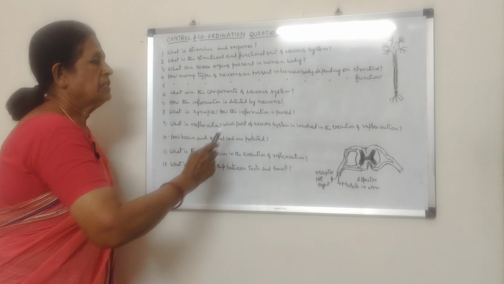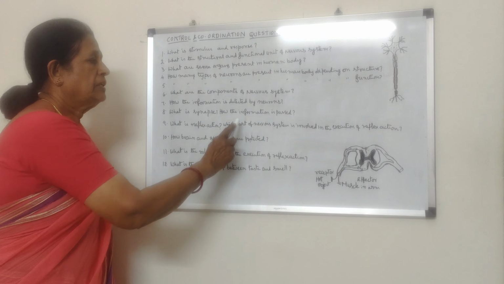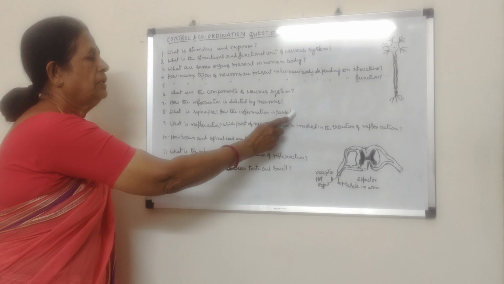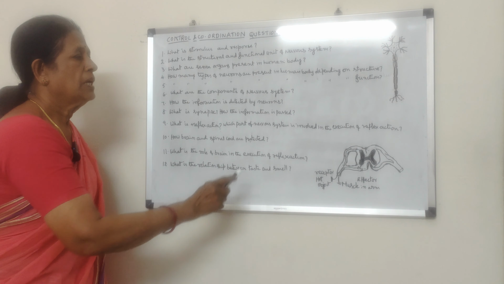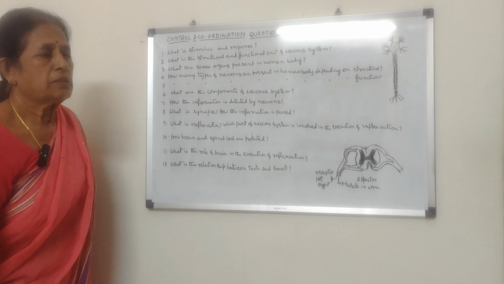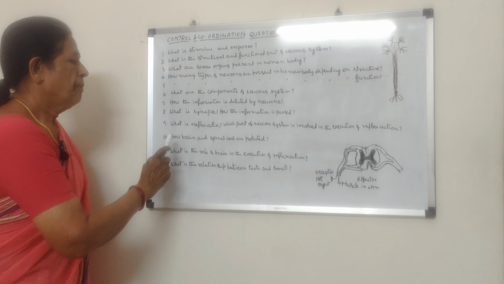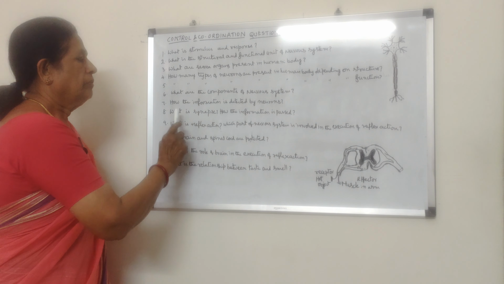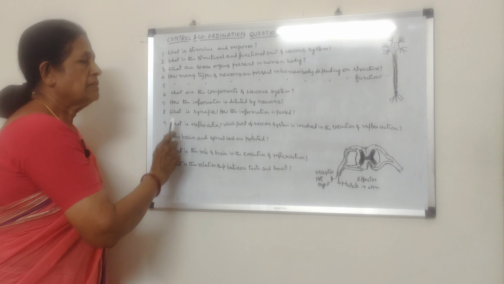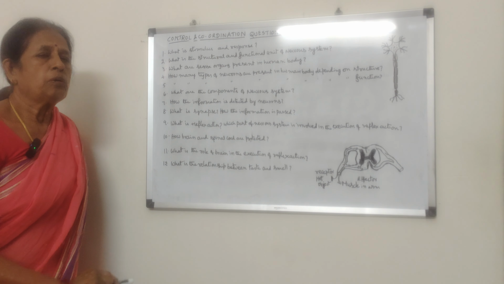How is the information passed? Due to chemical reactions, a small amount of electricity is produced, and the information is passed from one neuron to another neuron. So I am repeating: synapse is the gap between two neurons.